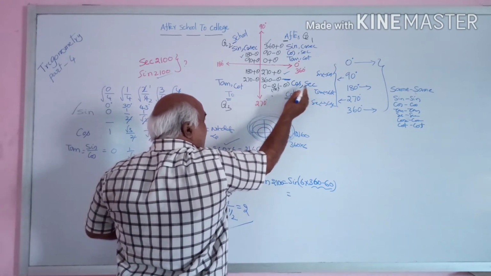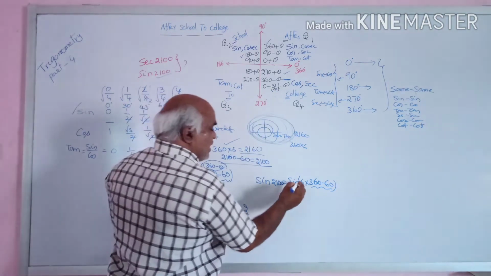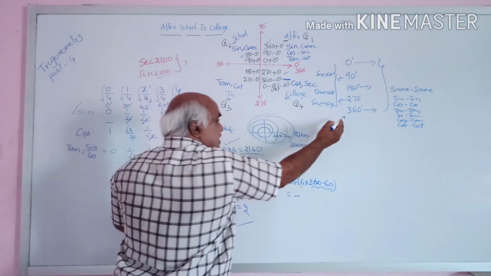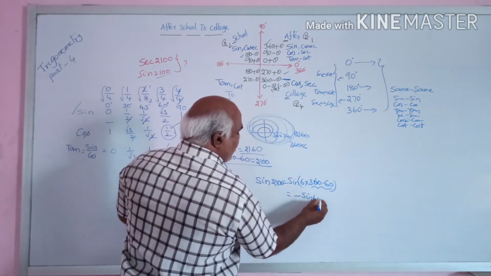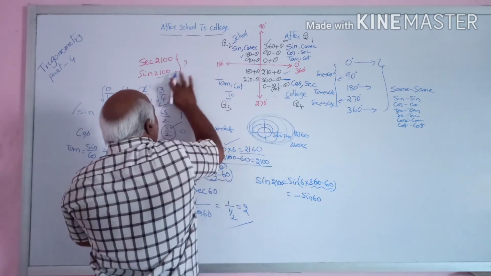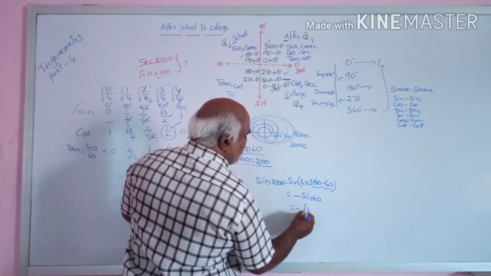Only cos and secant are positive. Therefore, in the 4th quadrant sin is negative. For 360 same to same. Therefore, sin 60. What is the value of sin 60? Root 3 by 2. Therefore, minus root 3 by 2.